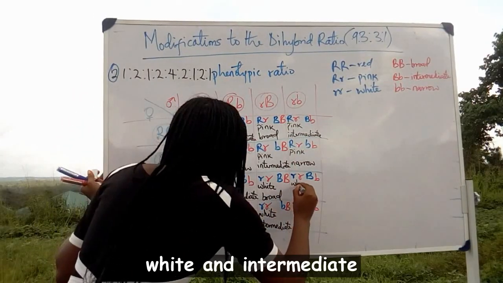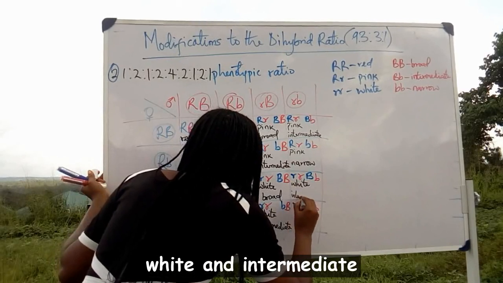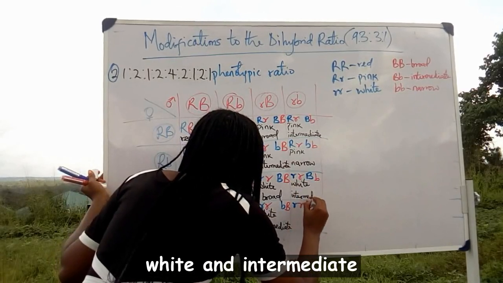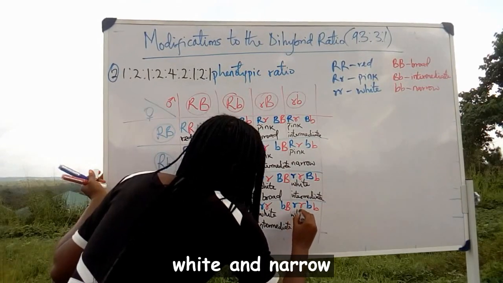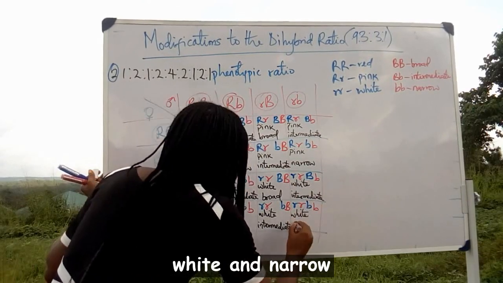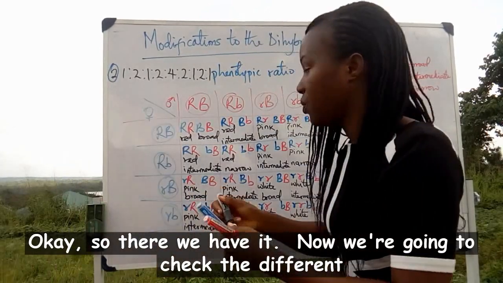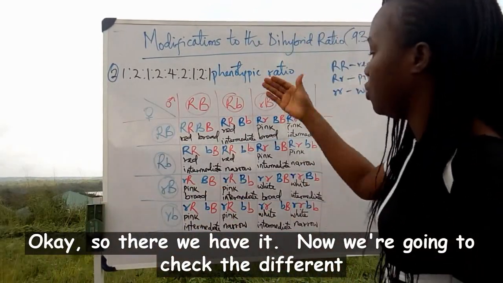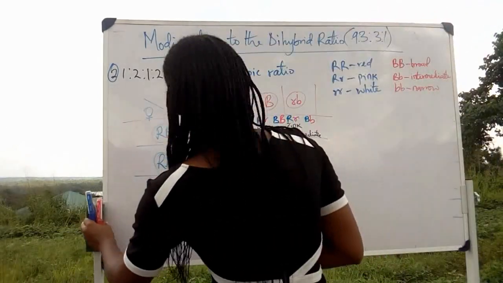White and intermediate. White and narrow. Okay, so there we have it. So now we're going to check the different phenotypes we have and their ratios.